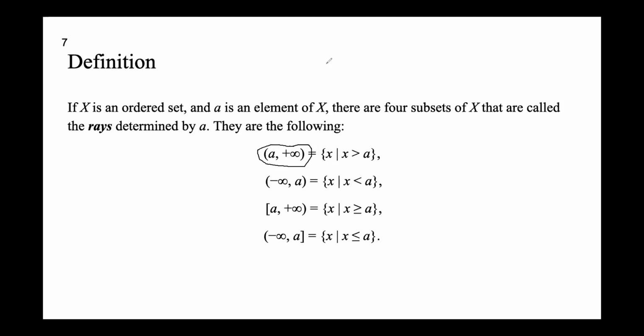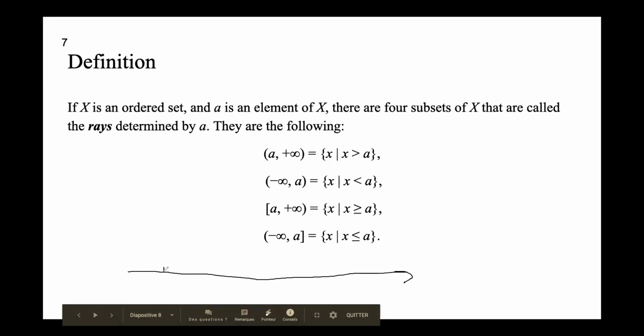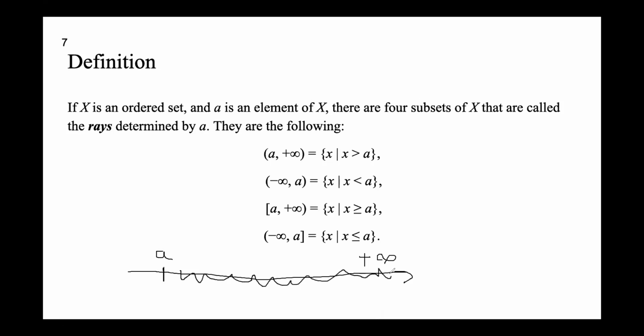Sorry, a very quick exercise. Can you prove that this open set (A, infinity) is actually equal to the union of (A, X), where X is greater than A? Let's say this is the open ray. This is A, and this is plus infinity, and here are all the elements of the open ray.